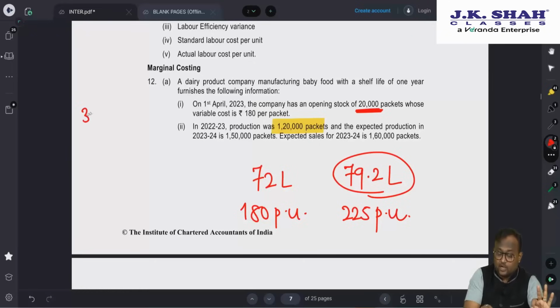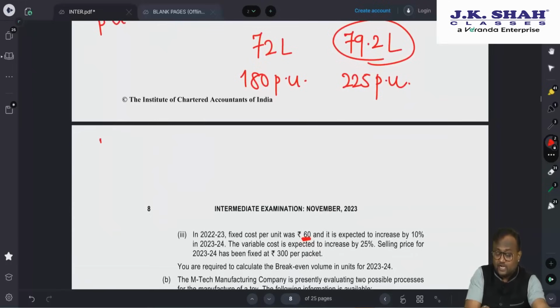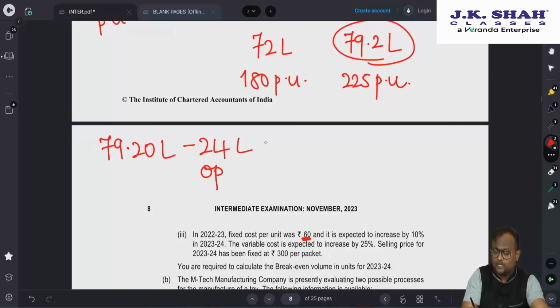Selling price is 300, variable cost was 180, so contribution of 120 will be given by these 20,000 units. So out of 79,20,000 fixed cost, 24 lakhs will be given by opening stock only.